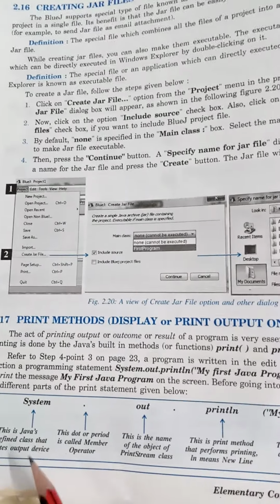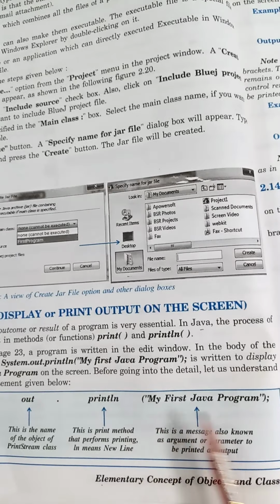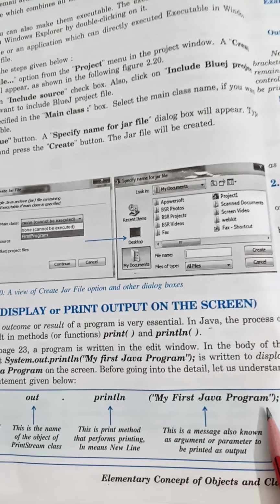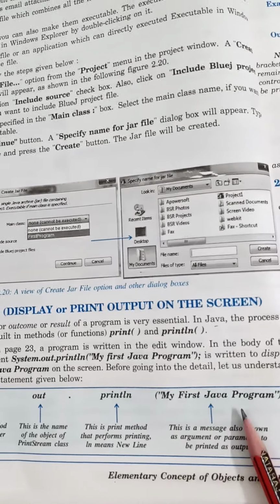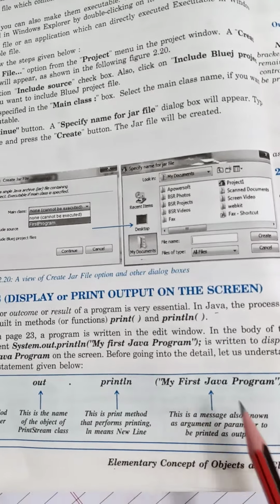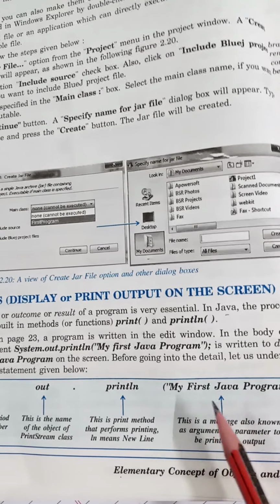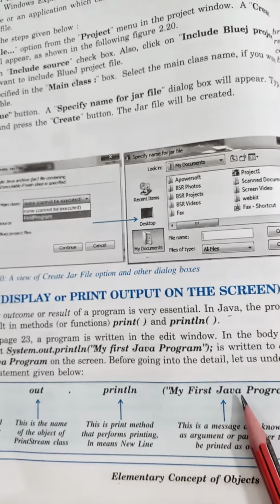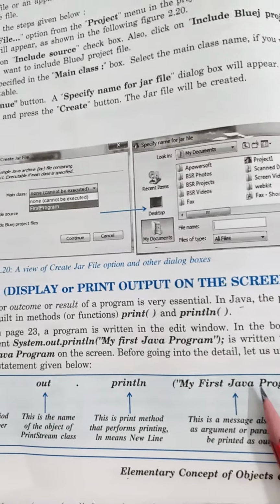So the format is System.out.println, and within the brackets, within double quotes, you write the message, argument or parameter, whatever you have to print on the screen. This will be the output. If you do not write anything like System.out.println and you expect output on the screen, you are wrong.